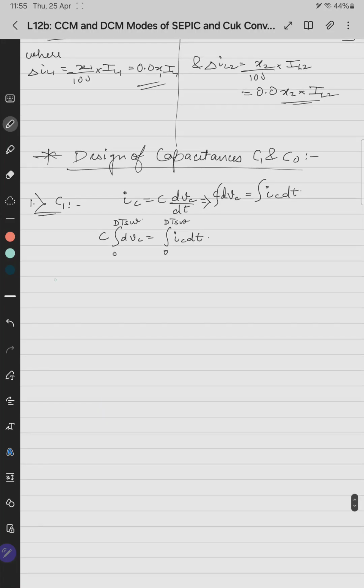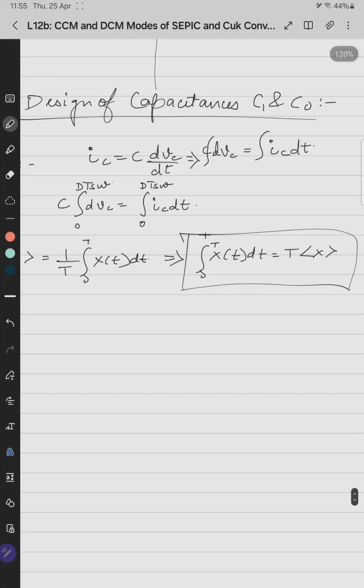But what is the average value? The average value of any term, let's say it is x, is 1 by T integral 0 to T of x of t dt. So integral 0 to T of x of t dt is T into the average value of x.